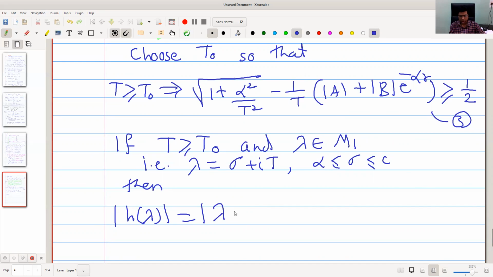We know h of lambda is lambda minus a minus b e raised to minus lambda r.